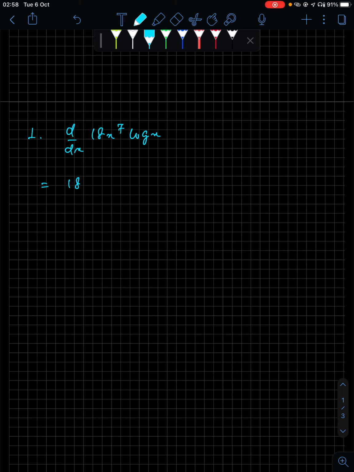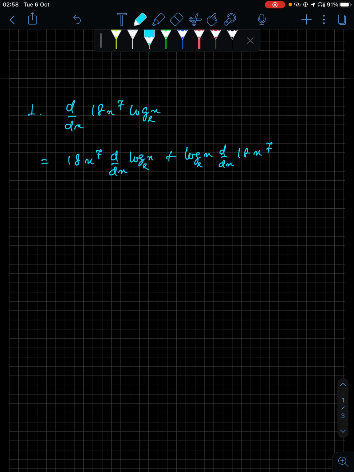So u ddx of v plus v ddx of u is what you have. Now these are all natural logs. Natural log is written with a base e, and common log is written with a base 10. We'll deal with that separately. Logarithm will be dealt with separately.